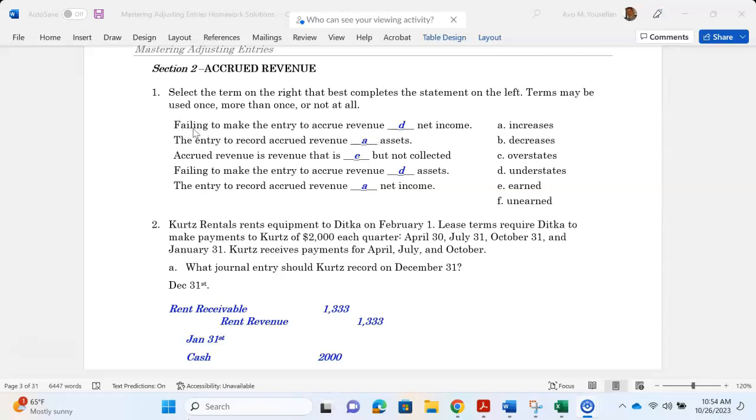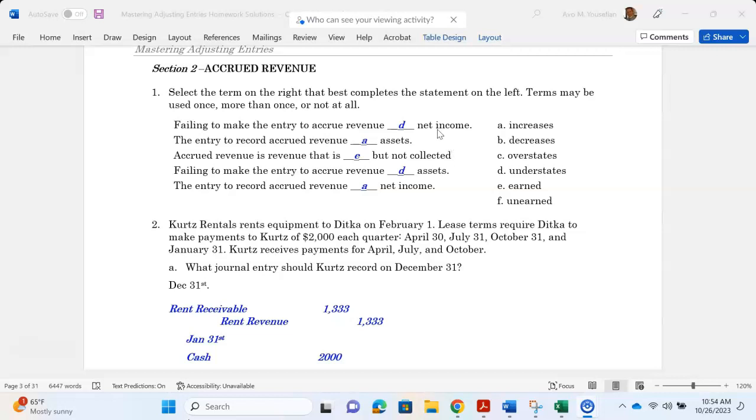If you fail to make the journal entry to accrue revenue, that is understating net income. If you don't accrue revenue, your revenue will be understated. If revenue is understated, that means net income is understated.